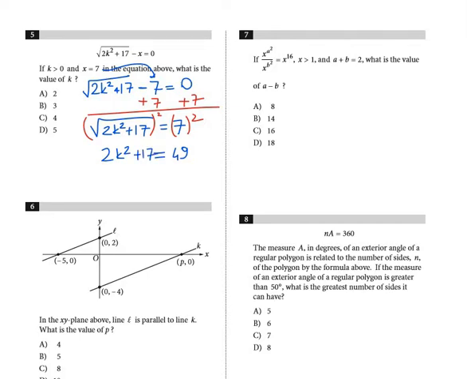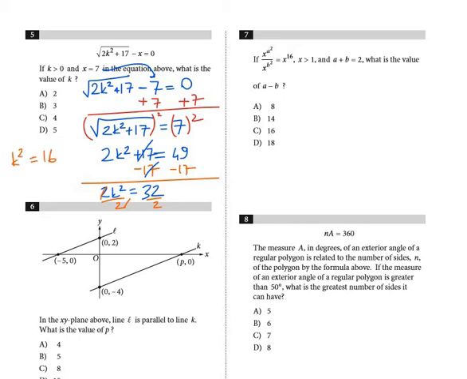Our next step is to subtract 17 on both sides, and then we obtain 2k squared is equal to 49 minus 17, which is 32. Now our next step is to divide by 2, and then k squared is equal to 16.